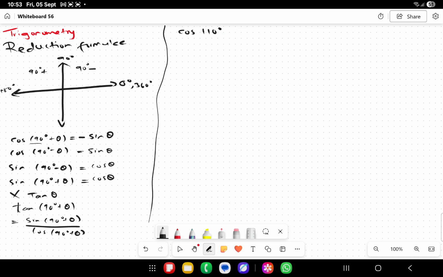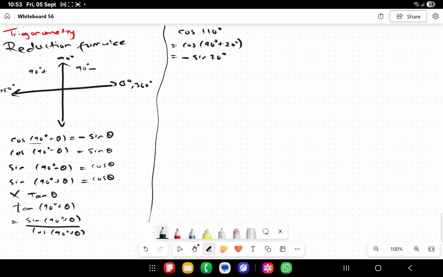So I'm going to use 90. It's going to be cos of 90 degrees plus what? How do I get 110? I must say 90 plus 20 degrees. Then it's 90 plus, and it's a cos, so it becomes negative sine 20.